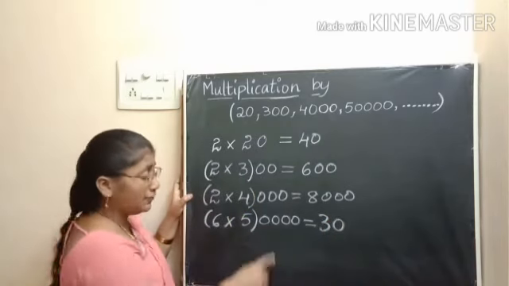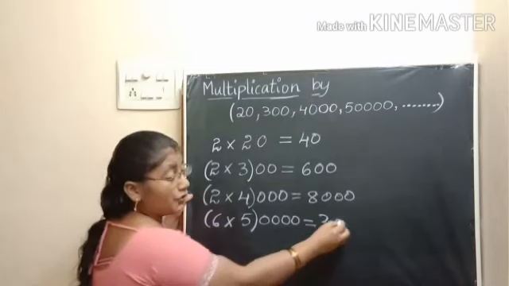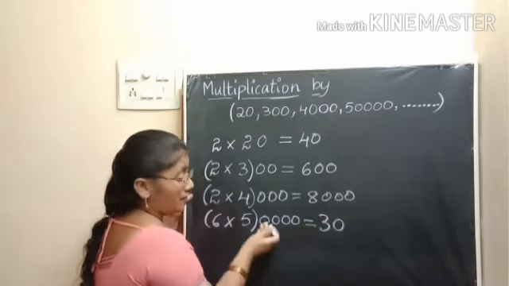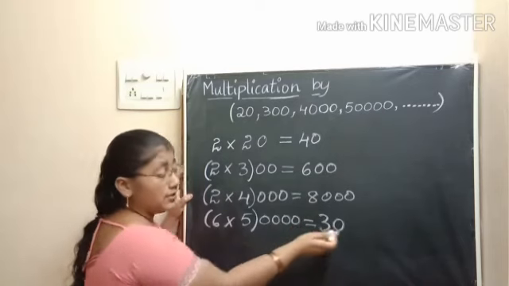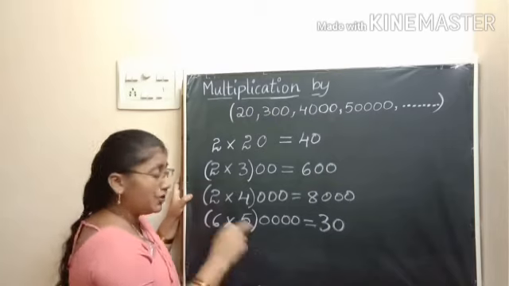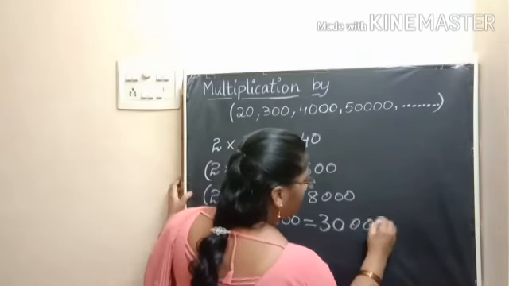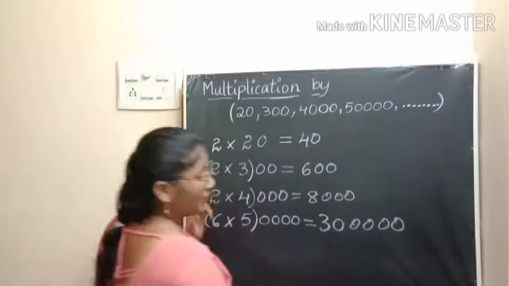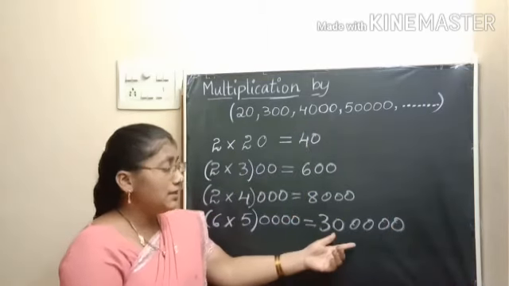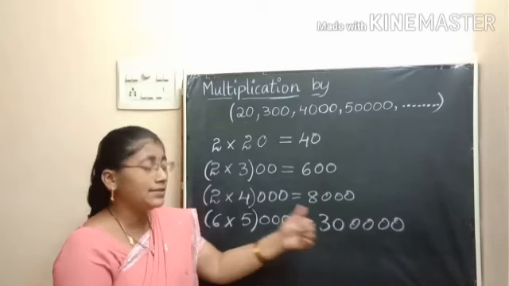Next we have to write these 4 zeros in the answer. You should not count this 0 because this 0 belongs to 6 5s. You should write 4 zeros again here: 1, 2, 3, 4. So we get 3 lakh as a result.